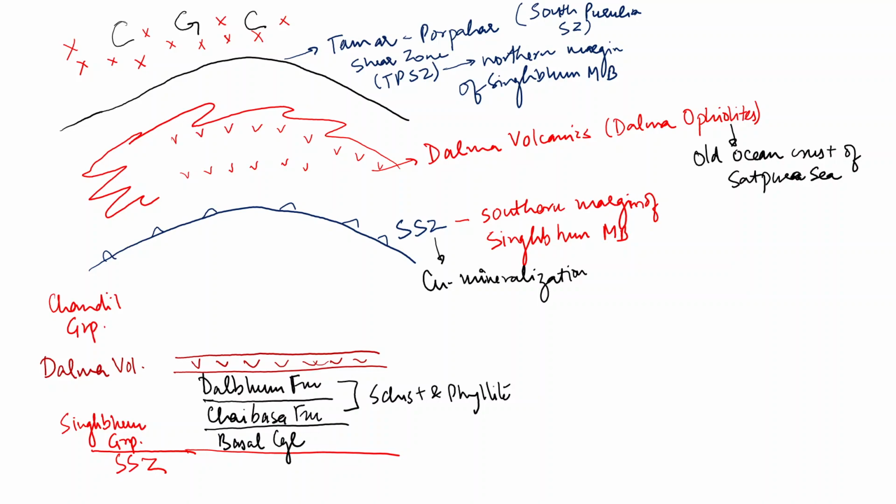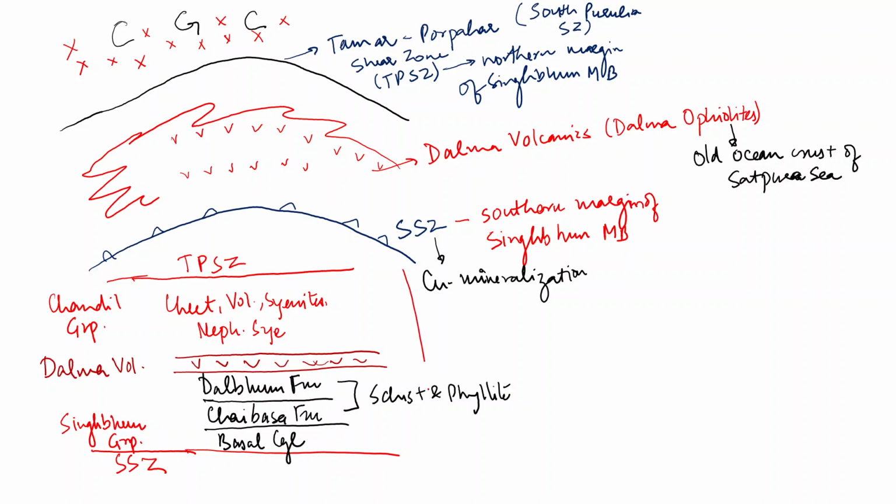This Chandil group has a large amount of chert, volcanic deposits, syenites, nepheline syenite, etc. And then on the topmost is the Tamar Porpahar shear zone.